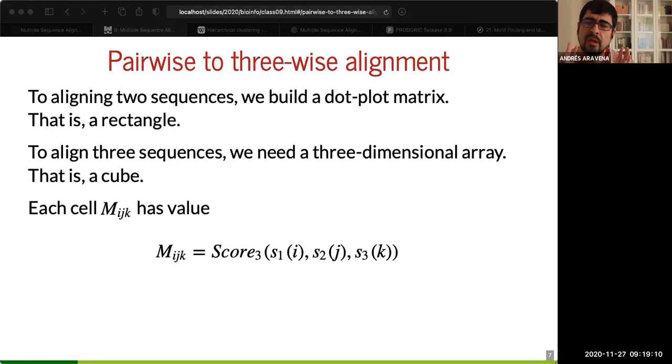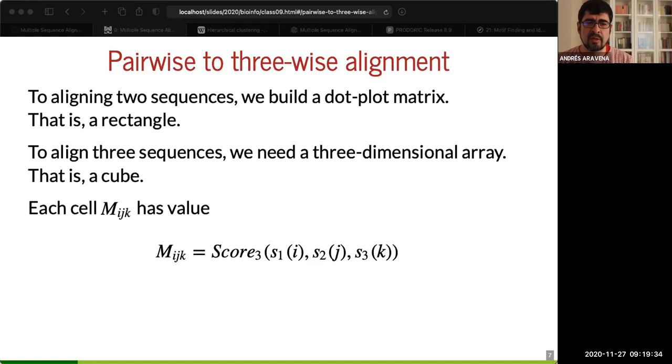Something that we should get from the previous class is that we can put gaps the way we like, but every time we put gaps, we get a different score. And since we have many alternatives, what is the best one? The best way to put gaps, called the optimal alignment, is the one that gives the maximal score.